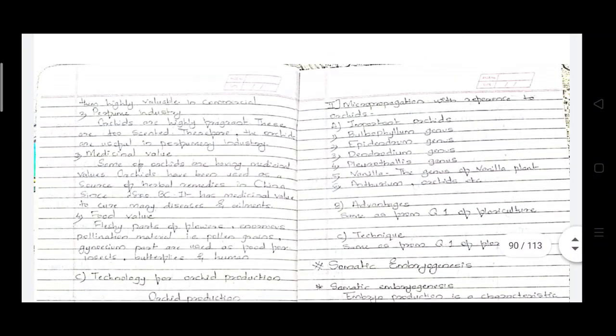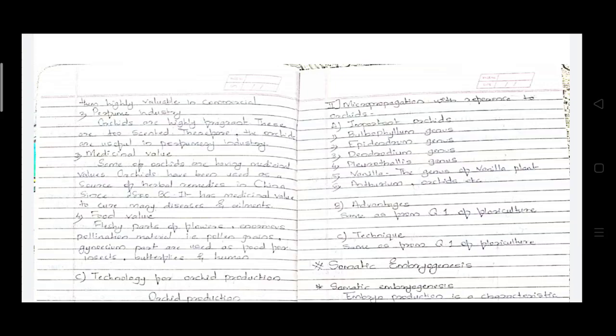Then the different micropropagation with reference to the orchids. There are different types of orchids, and they are used for micropropagation. The first one is the importance of orchids.